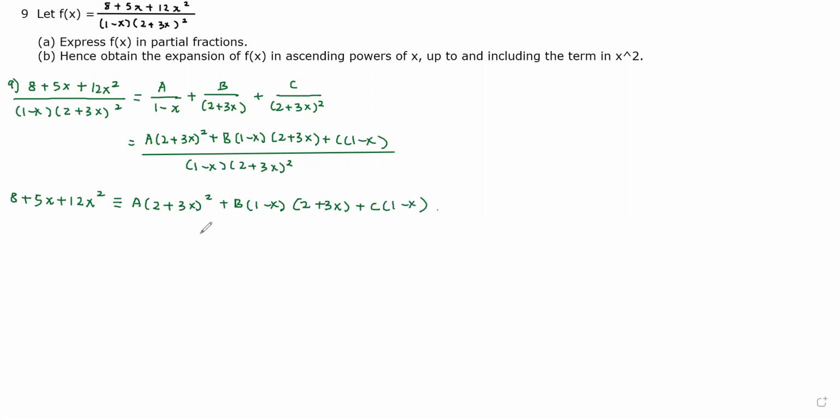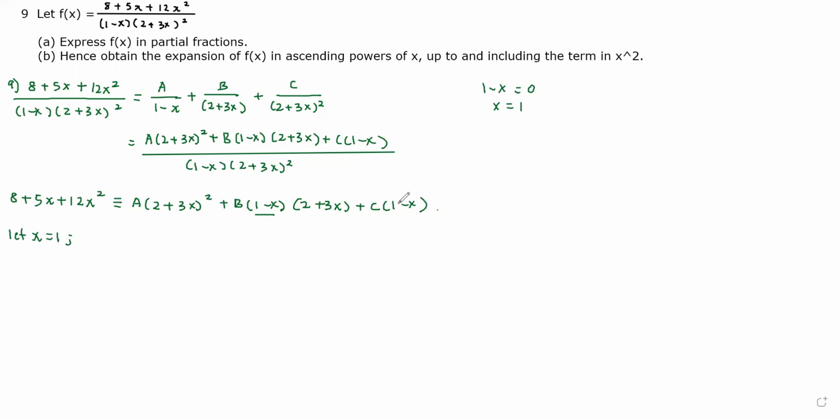We need to find the values of A, B, and C. We can always equate coefficients, but a more efficient way is to look at the linear factor 1 minus x. If you set 1 minus x to 0, x is 1. So we can let x be 1. When we let x be 1, B is gone because 1 minus x is 0, multiplied by B or anything else is 0.